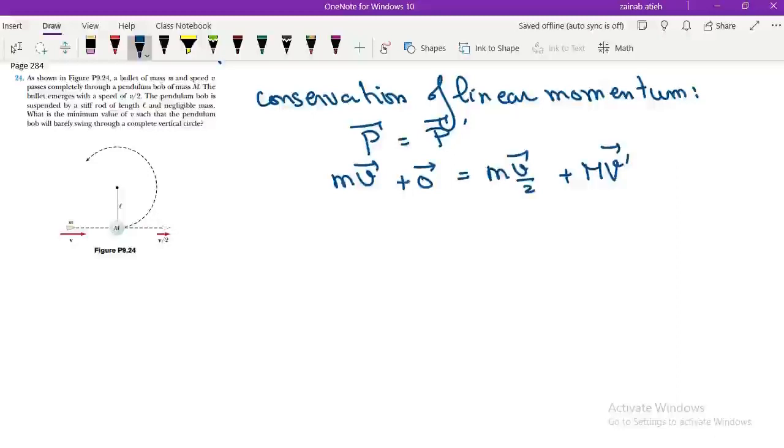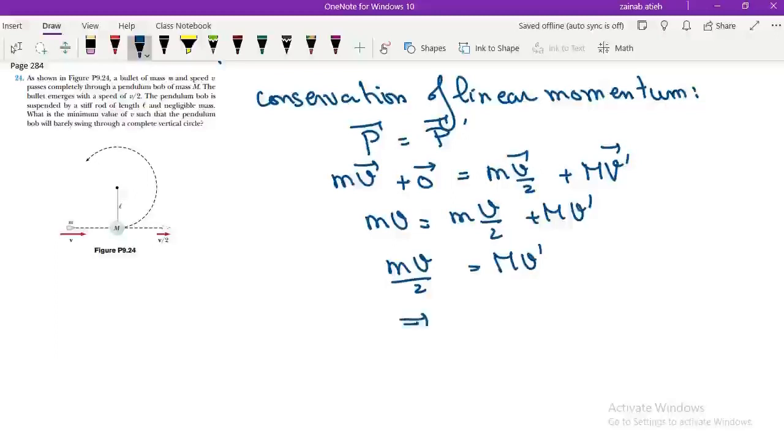Okay, so because they are all collinear on the same line, I will use algebraic values. So I will get mv equals mv over 2 plus mv prime. So mv over 2 equals mv prime, implies v of the bullet is equal to 2 mv prime over m.